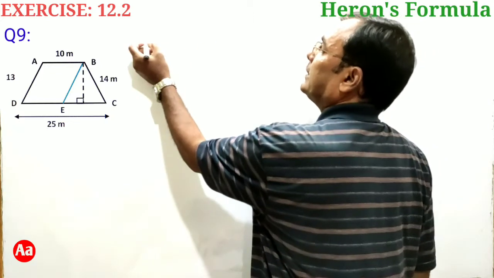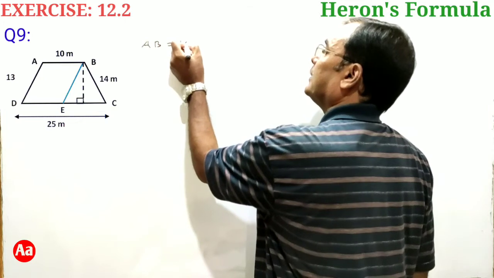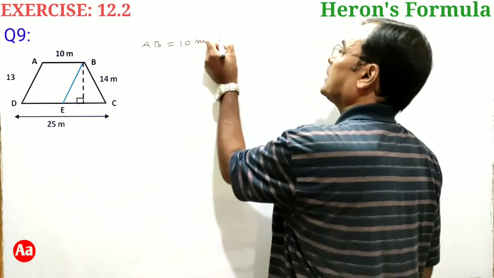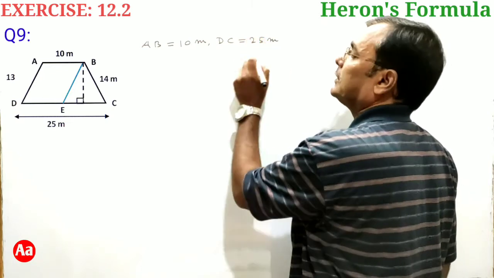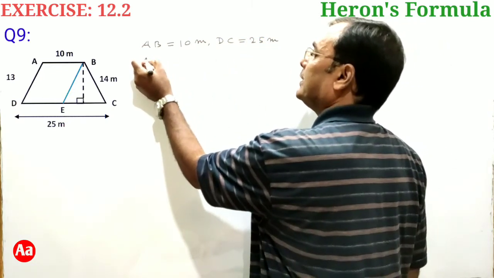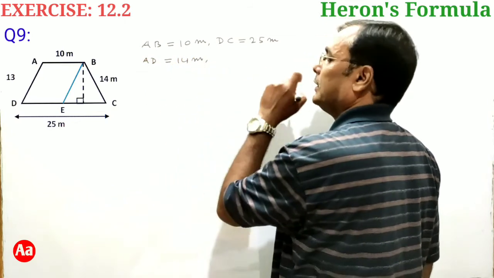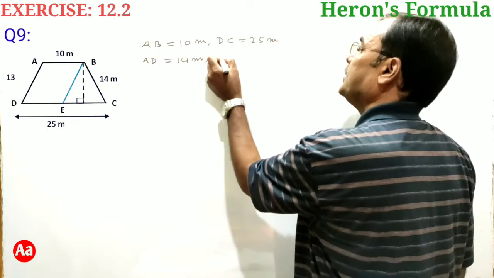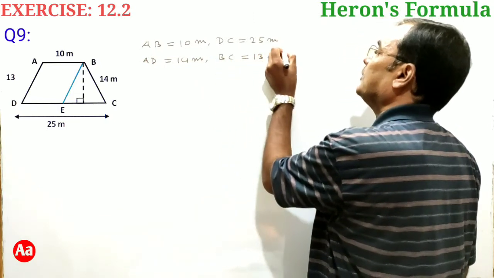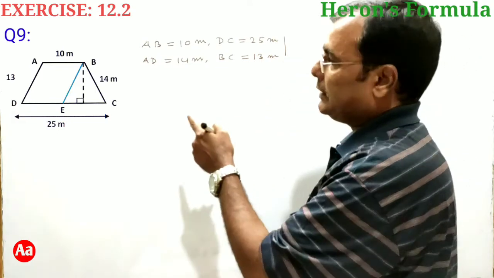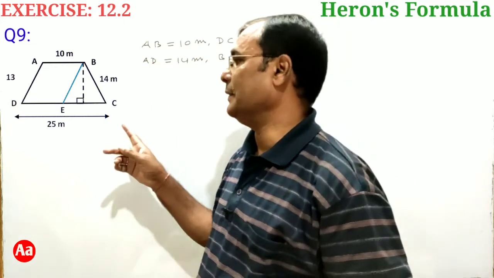So let's write the lengths of parallel sides AB 10 meter, DC 25 meter, non-parallel sides AD 14 meter and BC 13 meter. We have to find the area of this trapezium shaped field ABCD.